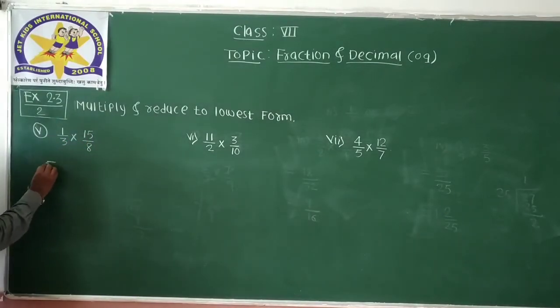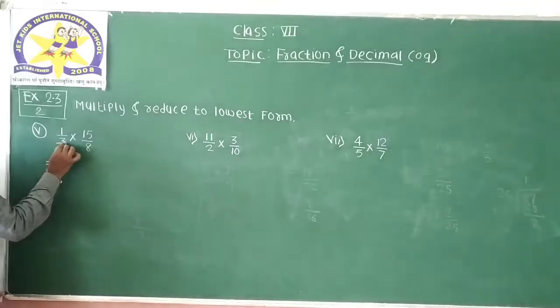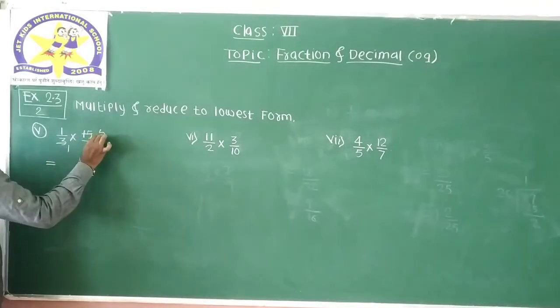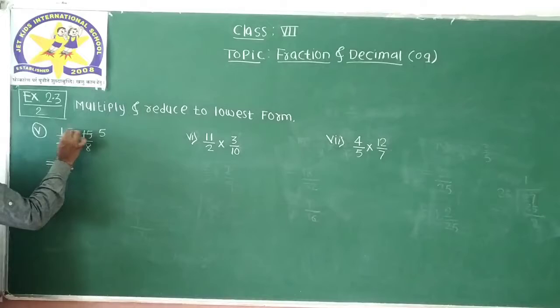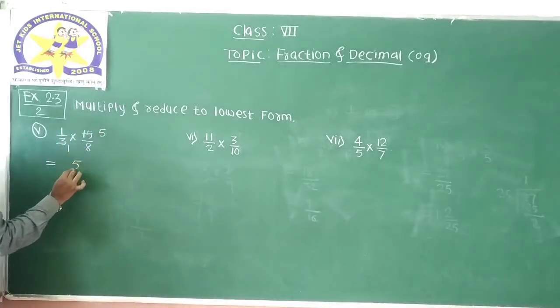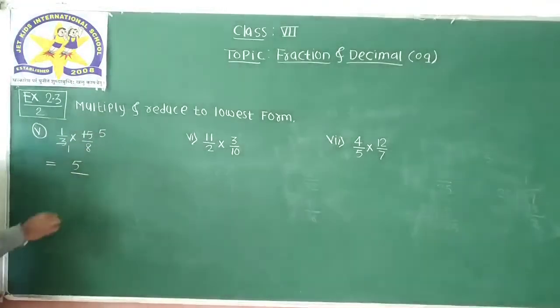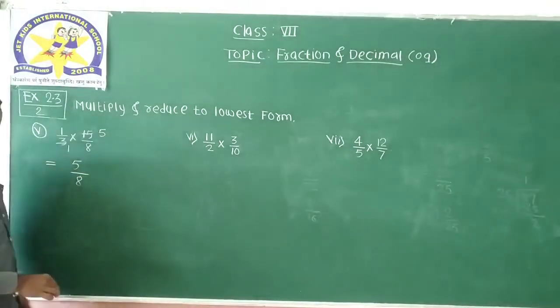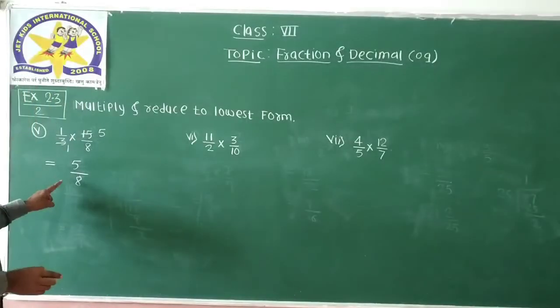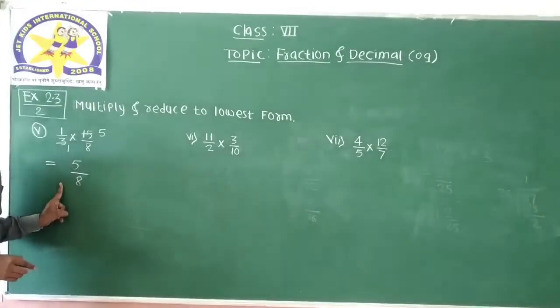Now here we can make a calculation. 3 ones are 3, 3 fives are 15. So the numerator will be 1 multiplied by 5, 5, divided by denominator 1 multiplied by 8, 8. So final answer of this question will be 5 by 8.